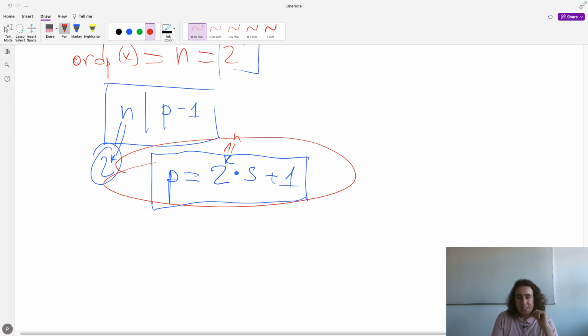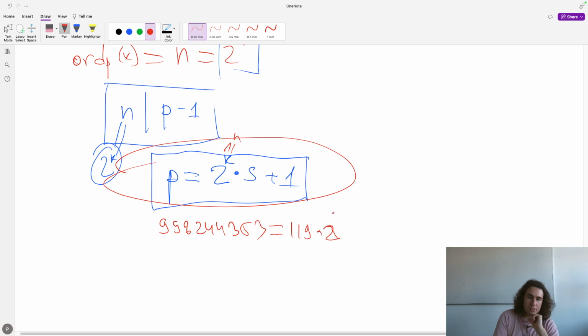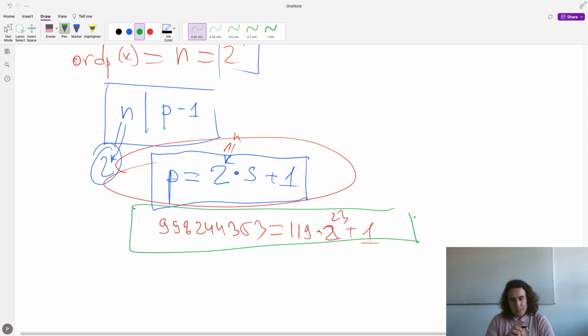This is actually the reason why the number 998,244,353 exists, because it's equal to 119 times 2 to the 23 plus 1. So this was always the prime number for FFT.